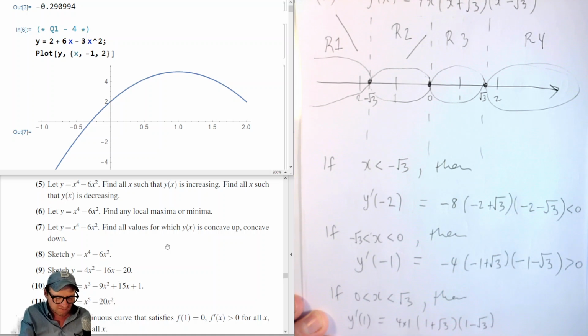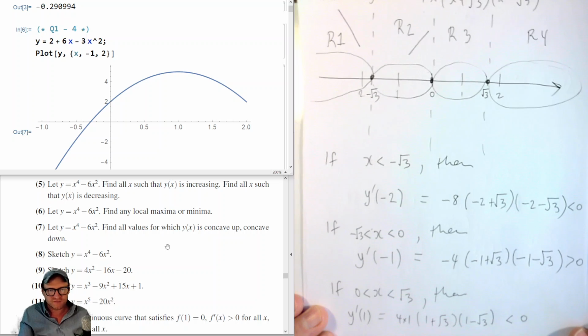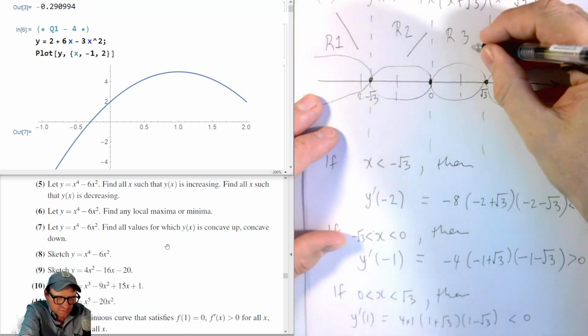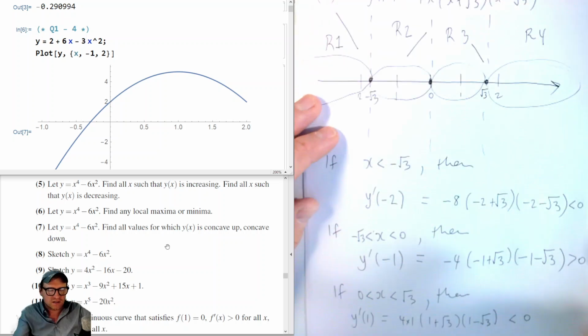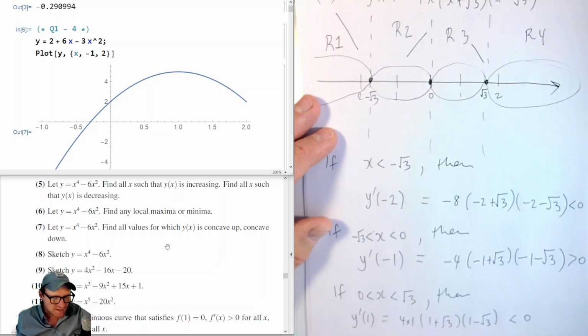So positive, positive, negative, and so the result is negative. So we have a negative slope in there. Let's identify that with a negative line segment.